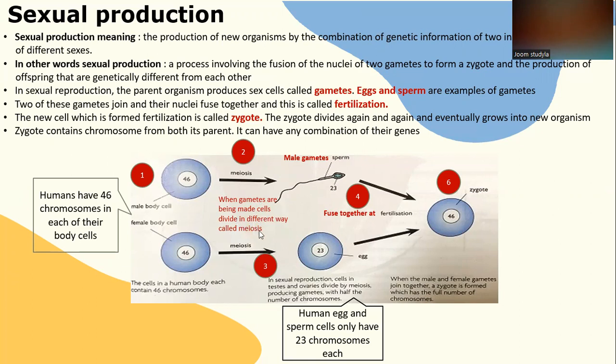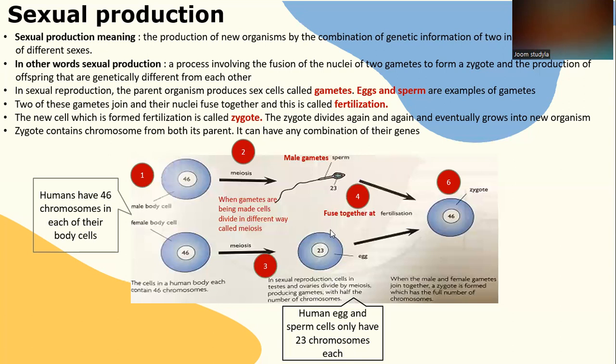In sexual reproduction, cells in the testes, which make the male gametes, sperm, and in the ovaries, which make the eggs, divide by meiosis, producing gametes with half the number of chromosomes. As you can see, human eggs and sperm cells only have 23 chromosomes each.